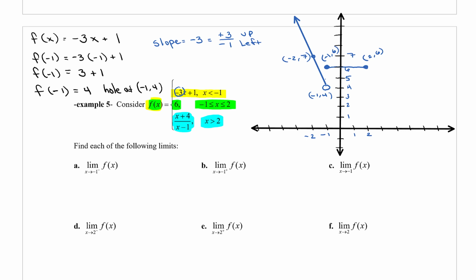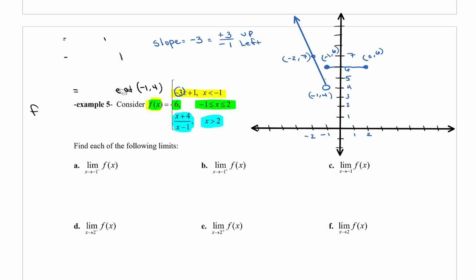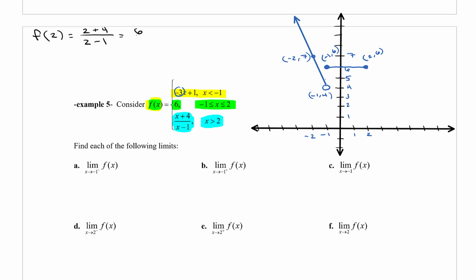First, I'm going to erase all the work I did earlier, all of the work that is in the upper left-hand corner of the screen, so that I have space to do my new work. I'm going to write down here f of 2 equals 2 plus 4 over 2 minus 1, which equals 6 over 1, which equals 6.